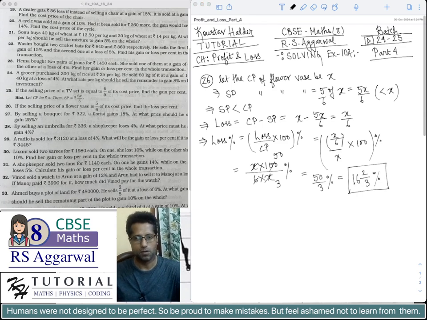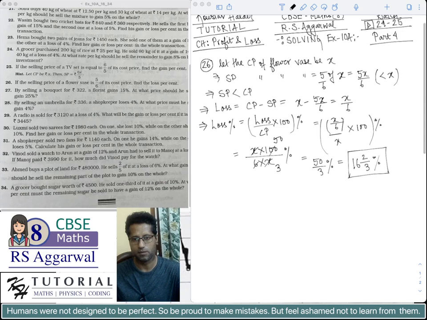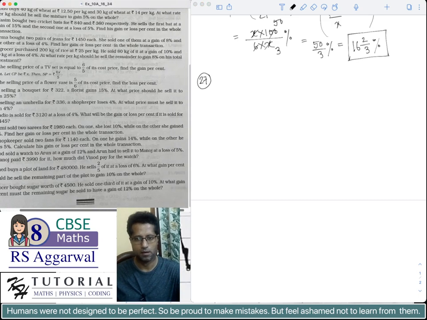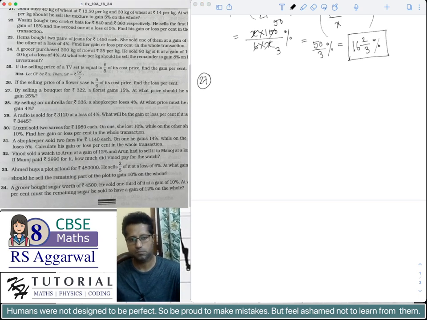Okay, let's do problem number 27. By selling a bouquet for rupees 322, a florist gains 15%. At what price should he sell it to gain 25%?